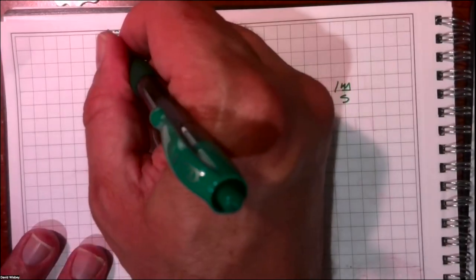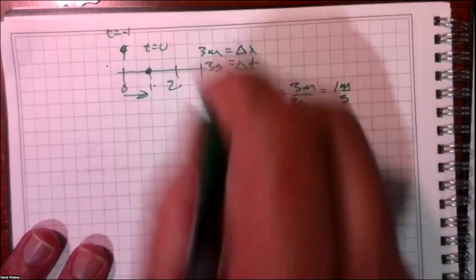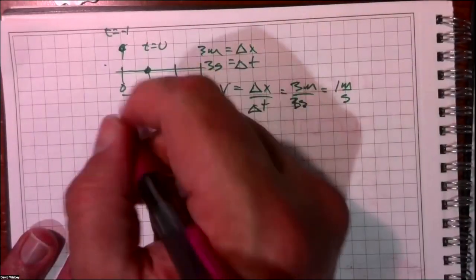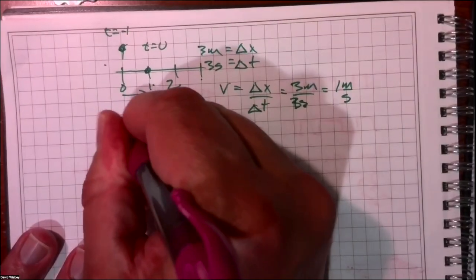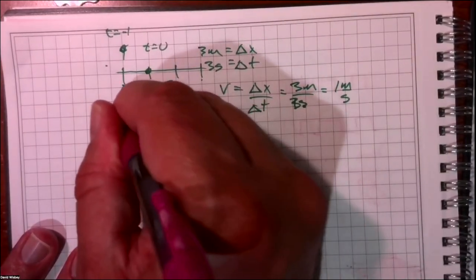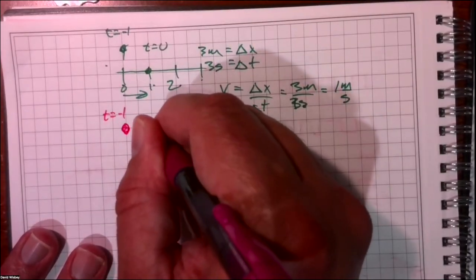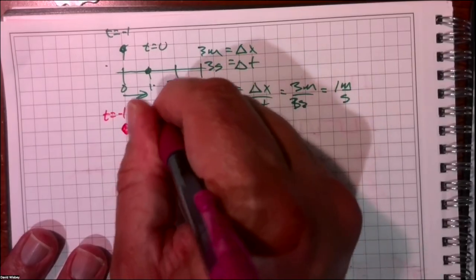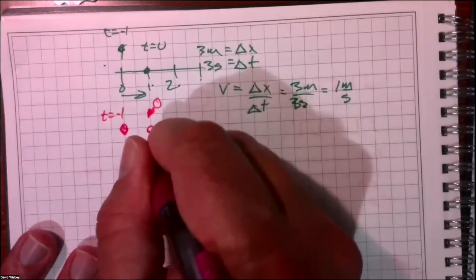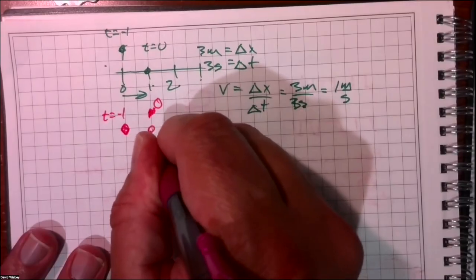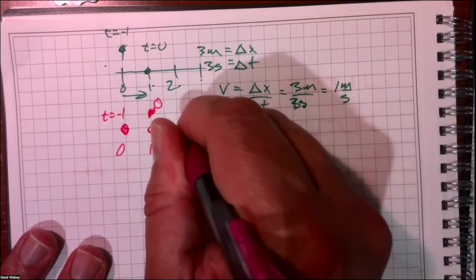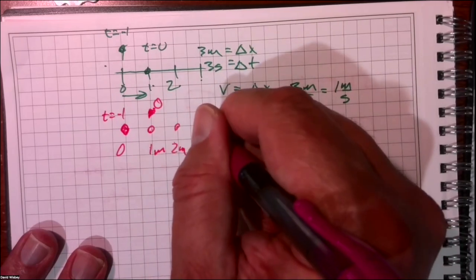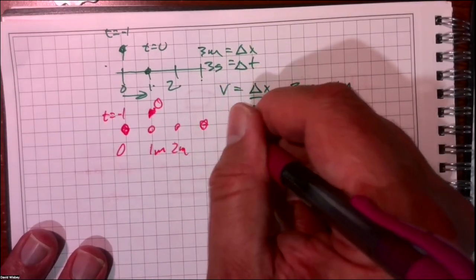Okay, so here's my motion diagram. All right, I'm going to draw it down here because we're getting a little crowded up here. So here, this is at t equals -1. Then at t equals 0. So this is t equals 0. So this is our position: 1 meter, 0, 2 meters, and then 3 meters.